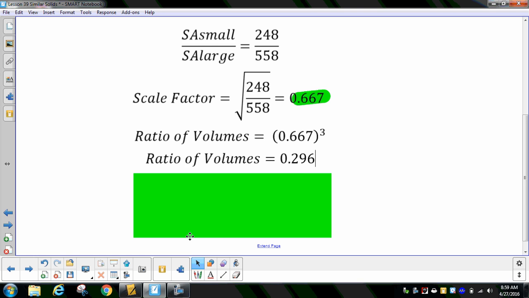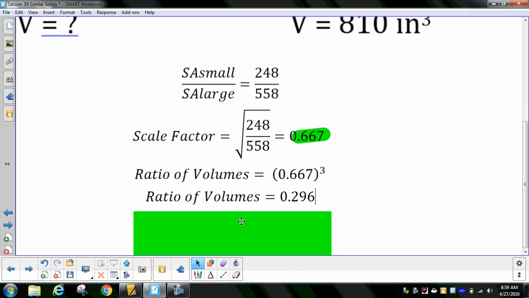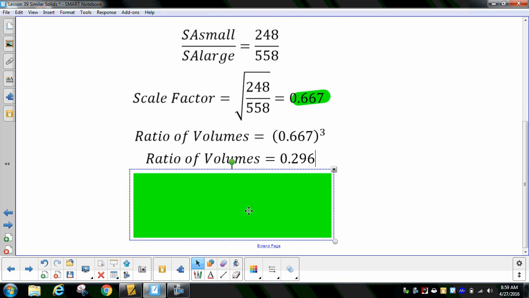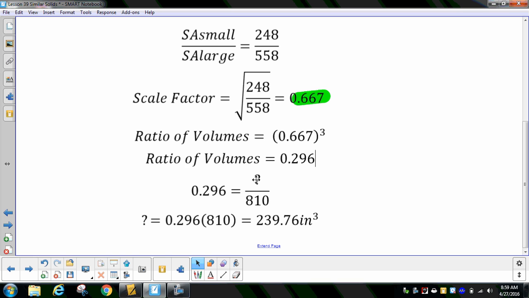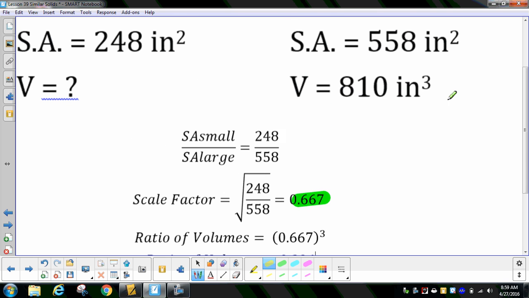So if I wrote question mark over 810, it should be equal to 0.296. Then we can solve that for question mark and find that the volume of the smaller solid is 239.76 inches cubed. And it's smaller than the large one, which makes sense.